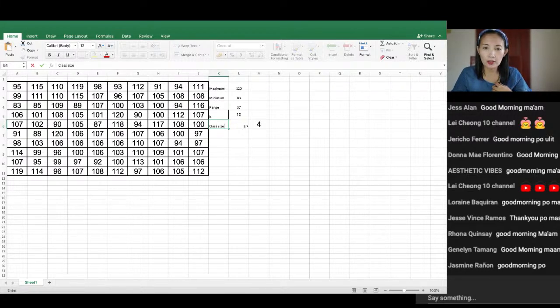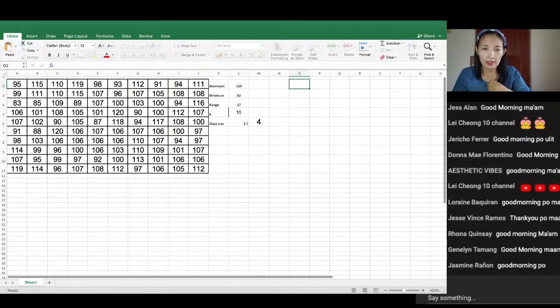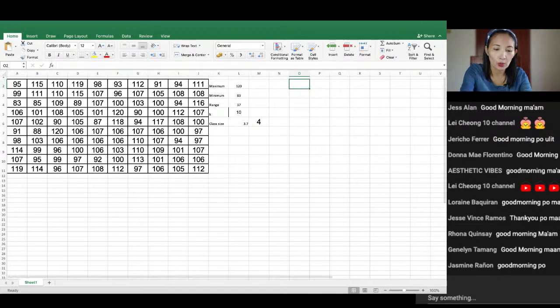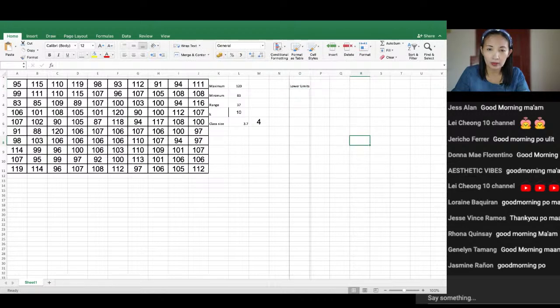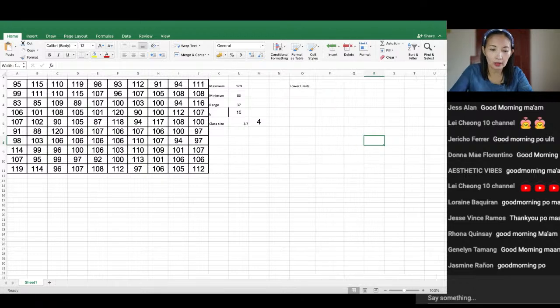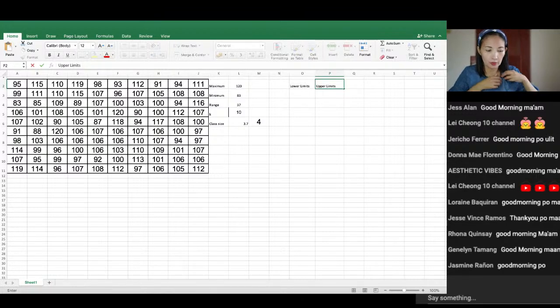Now we are ready to set up the classes. Okay, so lower class limits, let this be the lower limits, and the next column be our upper limits.